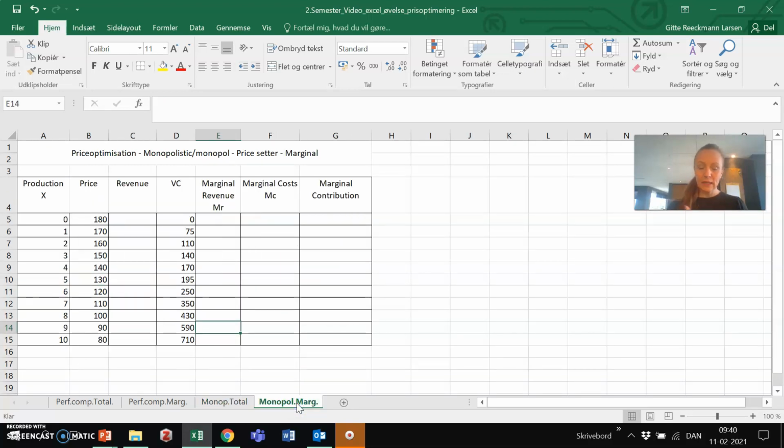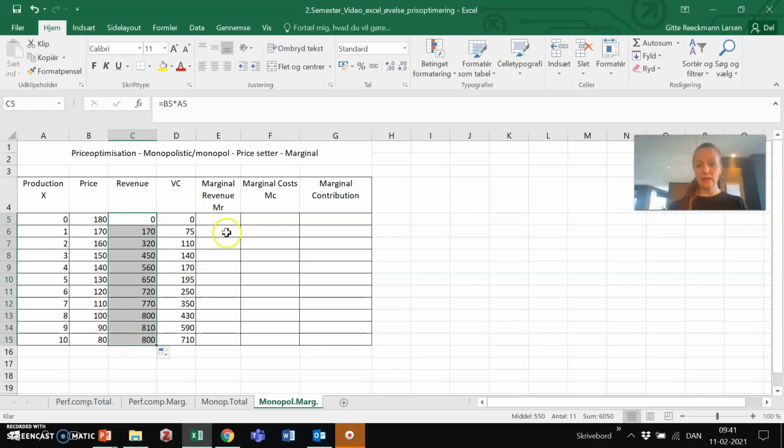Same example, let's calculate it using the marginal method. Starting by calculating the revenue again, price multiplied by production, sales, and we double click for copying the formula.